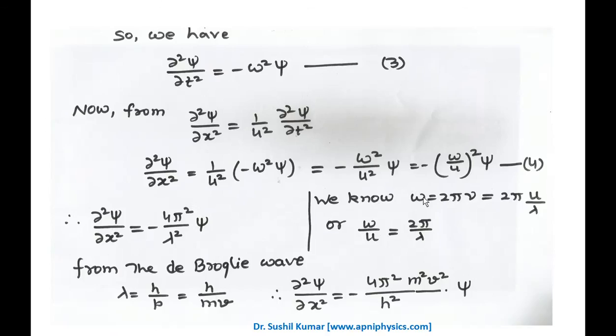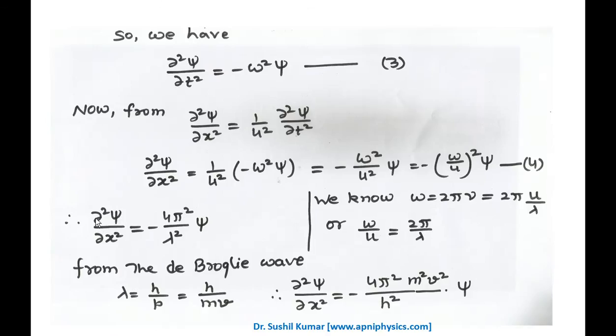So I have to find out the value of omega upon u, because we know that omega is equal to 2 pi nu, and nu is equal to u upon lambda, where u is the speed velocity of the wave. So omega upon u is equal to 2 pi by lambda. So I am putting this value of omega upon u in this equation here.